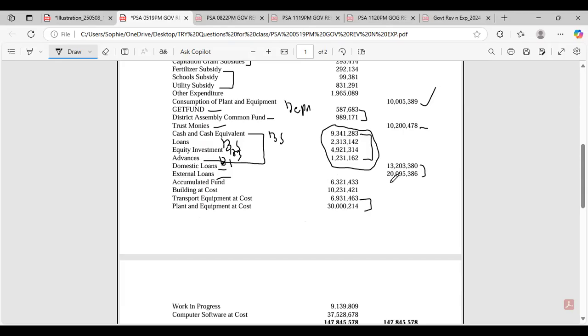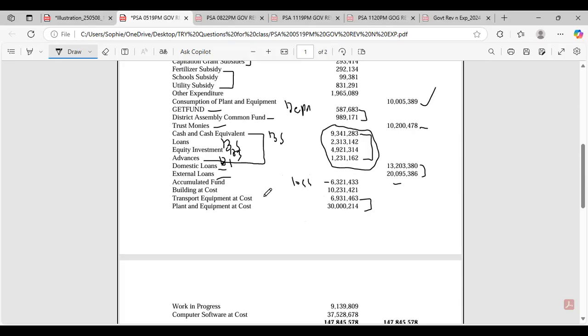If they really made an income from the previous year, it should have been here. But when you see it at the debit side, it means they made a loss. So in the previous example, when we are done doing our revenue and expenditure, the difference we get, this one is already minus.